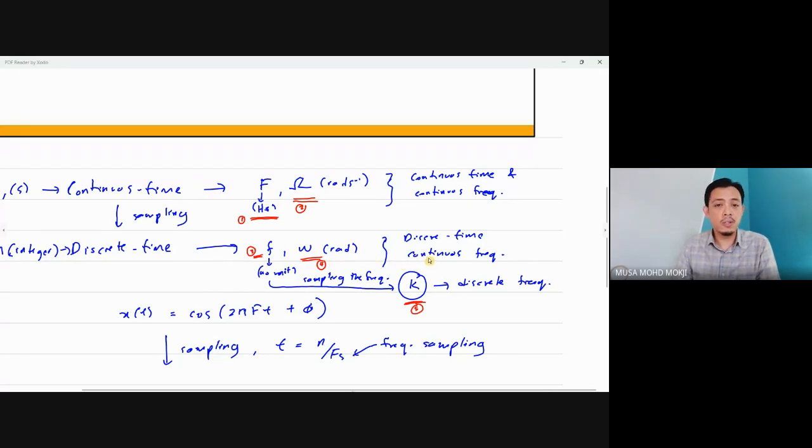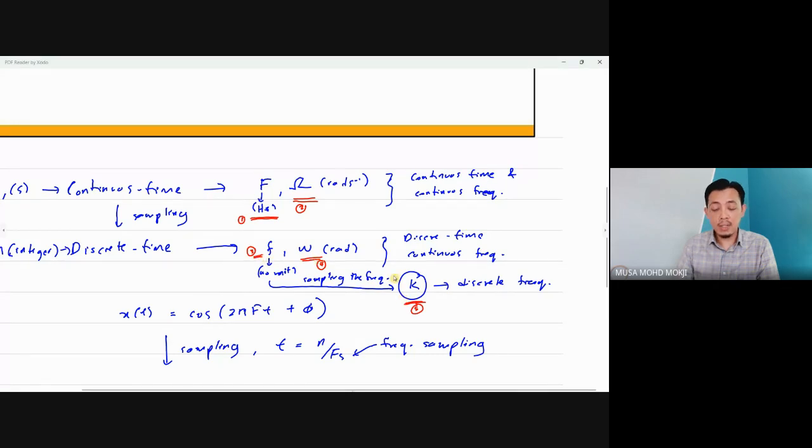That's why we need another sampling, which we call frequency sampling. After we do frequency sampling, we have what we call a discrete frequency, which in this course we denote as k. Those are the 5 frequencies that we're going to look at in this course.